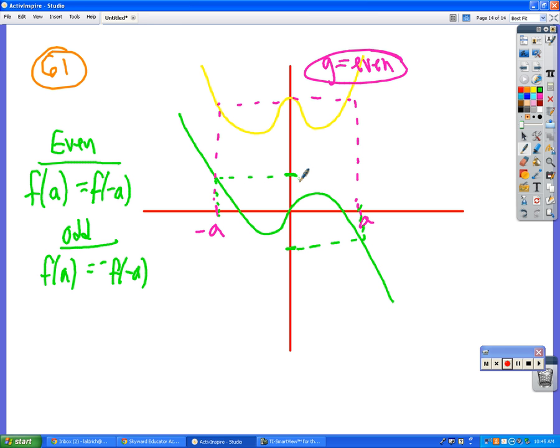Not the x-axis, because the top and the bottom, if I flip that up, I get a different graph. Around the origin, very good. So if I take any point on this graph, go straight at the origin, and then go the same distance through the other side, I'm going to end up on the graph again, okay? So that is a characteristic of odd functions.